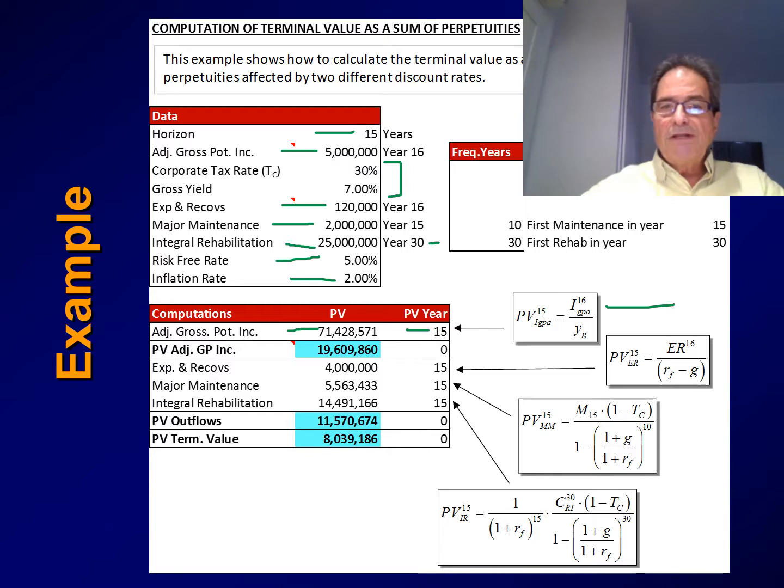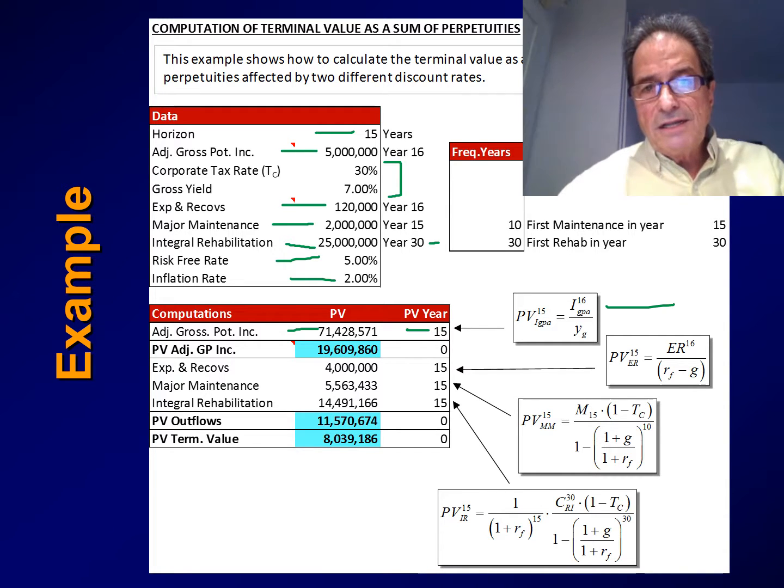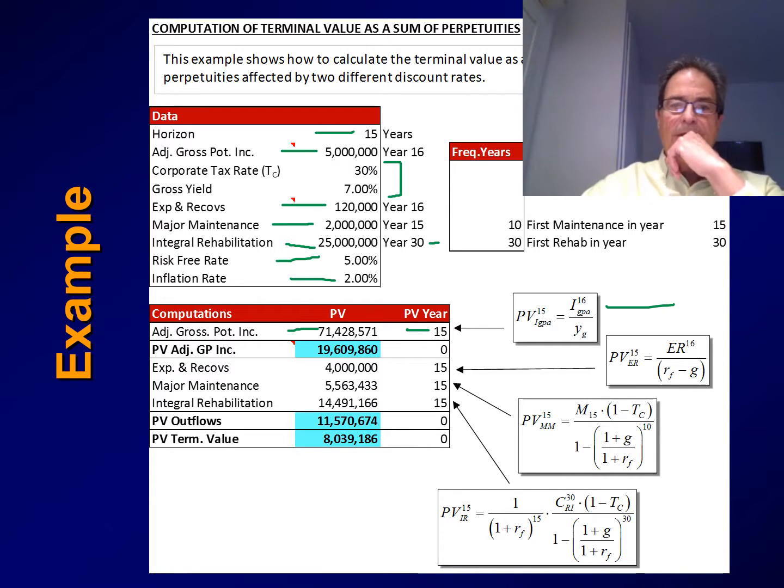That will give us the present value of the adjusted gross potential income in year 15, 71,428,571. Well, the next step is to bring that value to present value, so to year zero.